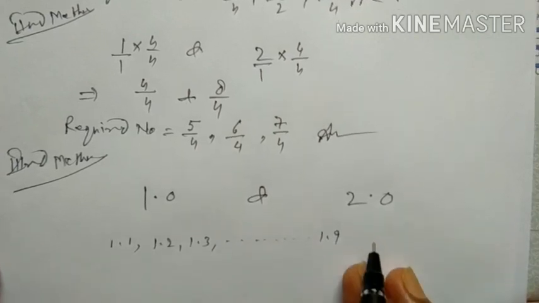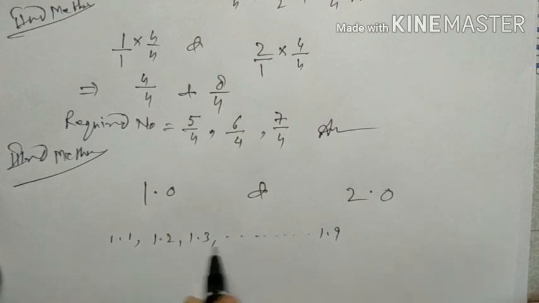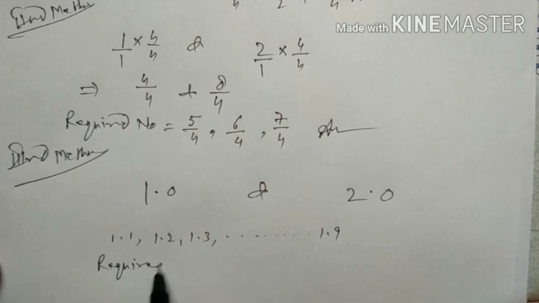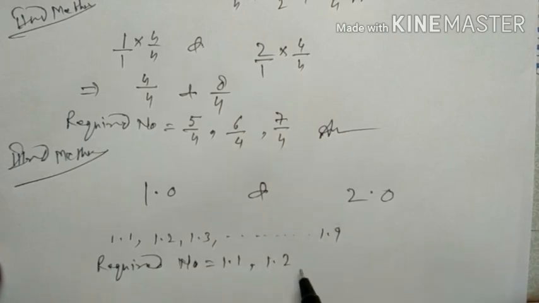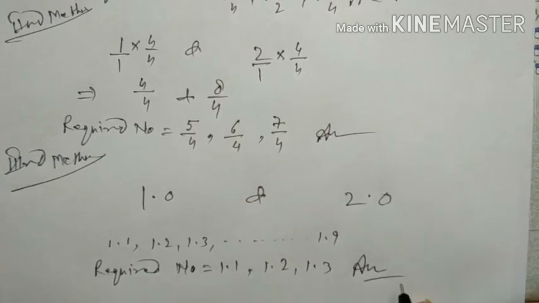So there are 9 numbers. Our aim is to write 3 numbers, so we will write 3 numbers from the start. The required numbers are 1.1, 1.2, 1.3.